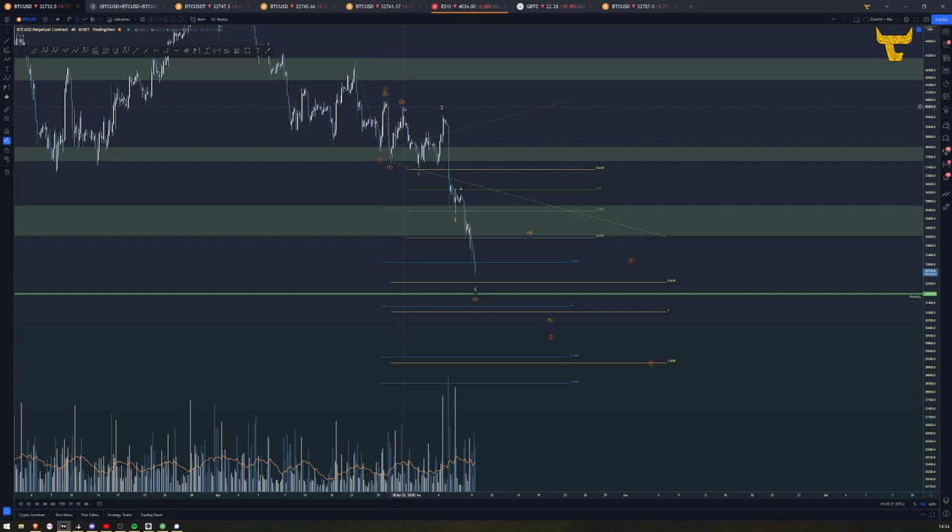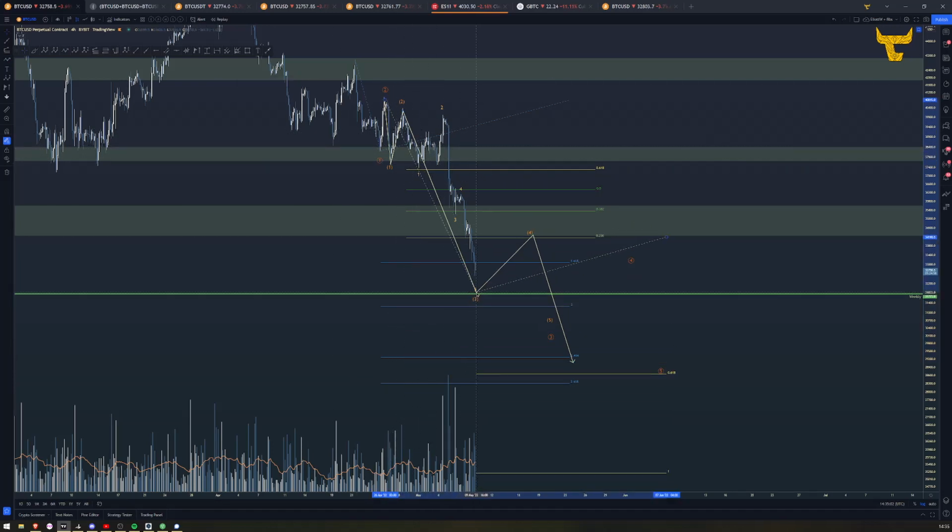Okay, so 1, 2, 3 potentially. 4 and a fifth. Yeah, we still have targets coming. $28K, that's the standard target.